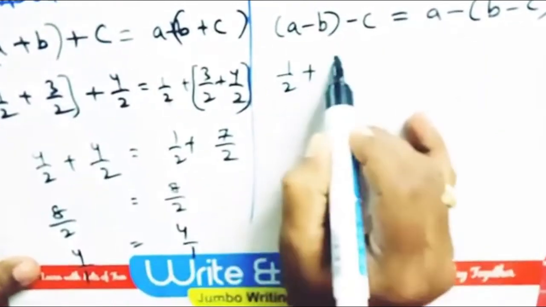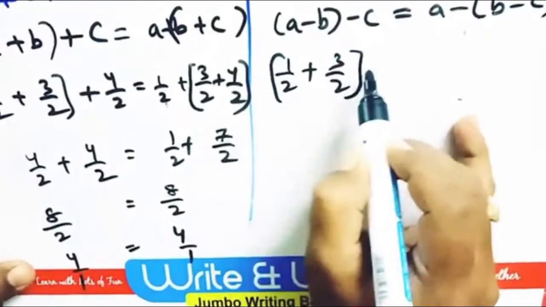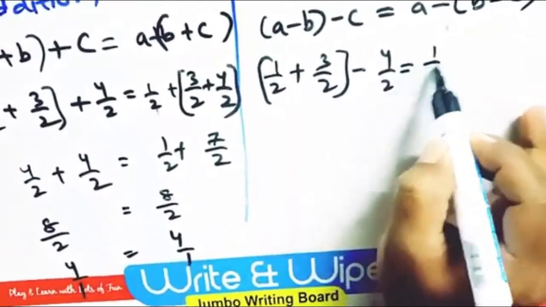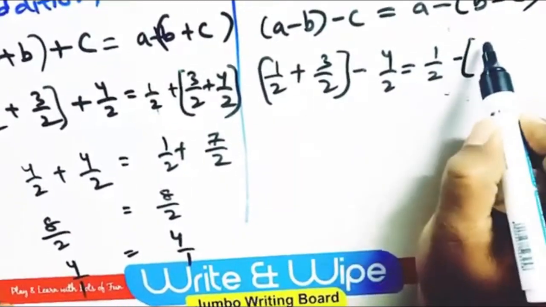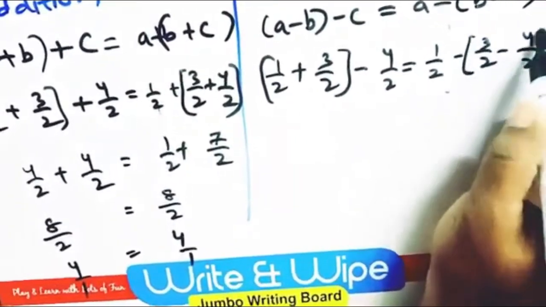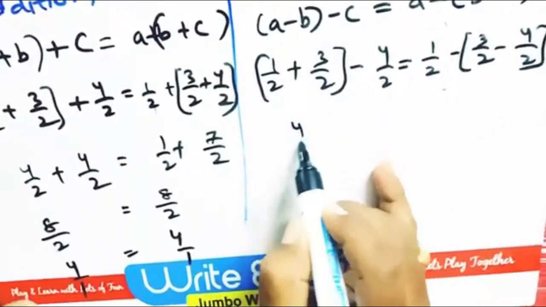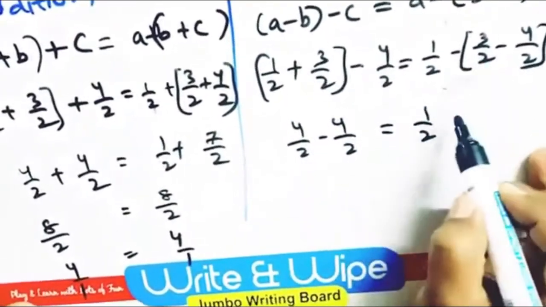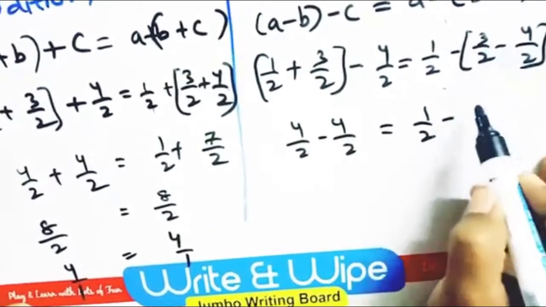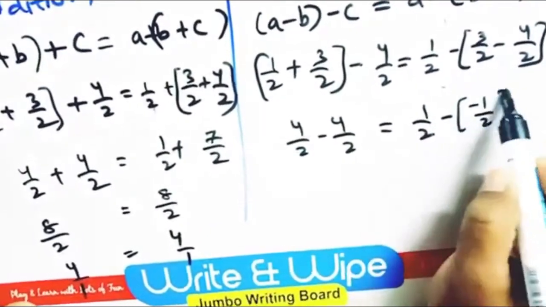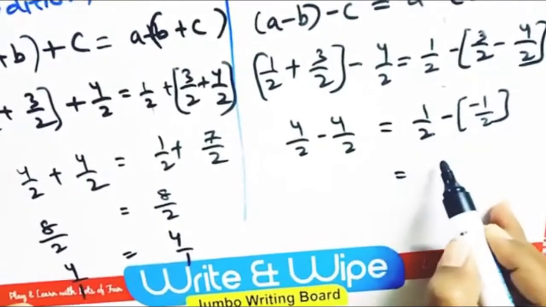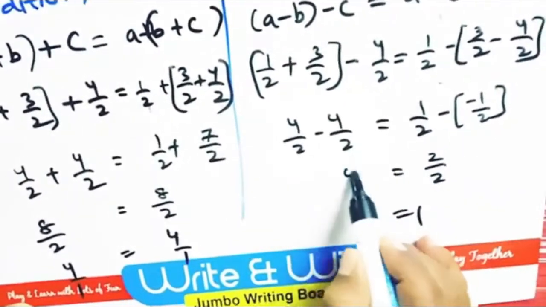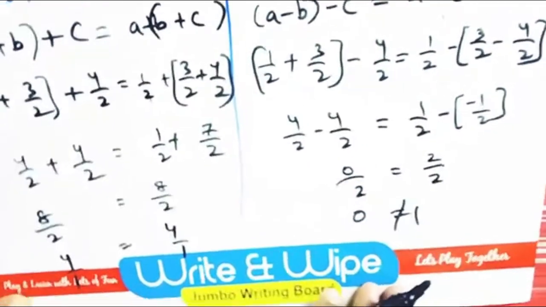So 1 by 2 minus 3 by 2 minus 4 by 2 is equal to 1 by 2 minus 3 by 2 minus 4 by 2 grouped on the right. On the left, 1 minus 3 is minus 2 by 2, minus 4 by 2. On the right, 3 minus 4 gives minus 1 by 2. So that is 1 plus 1, that is 2 by 2, which gives 1, but the other side is 0 by 2, which gives 0. So this is not equal.